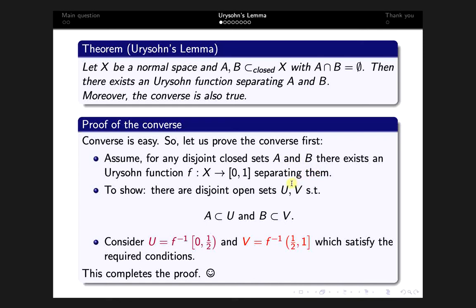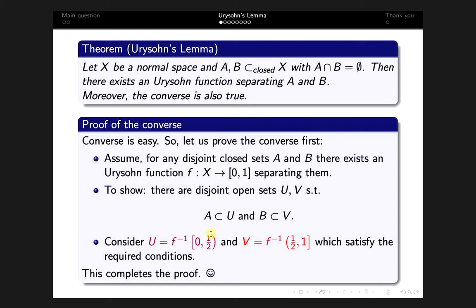We have to show that there are disjoint open sets U and V such that A is contained in U and B is contained in V. That is, there are disjoint open neighborhoods of A and B.